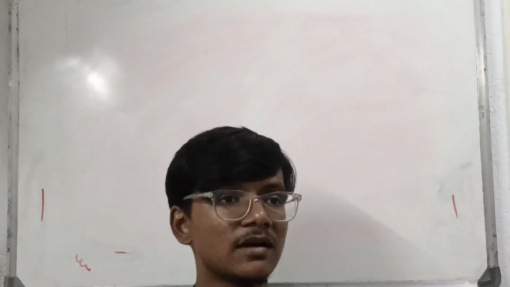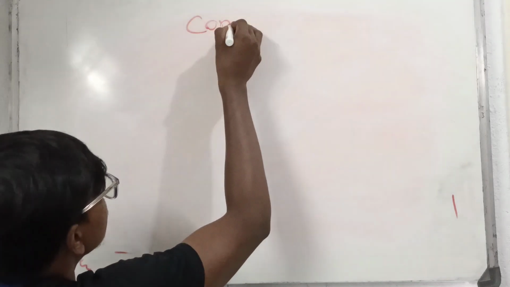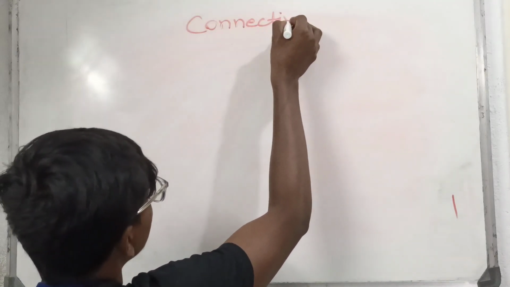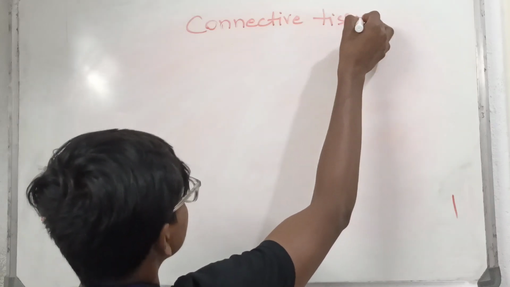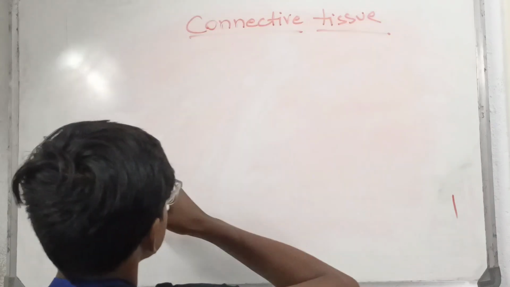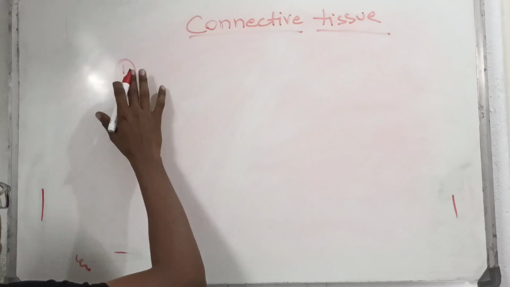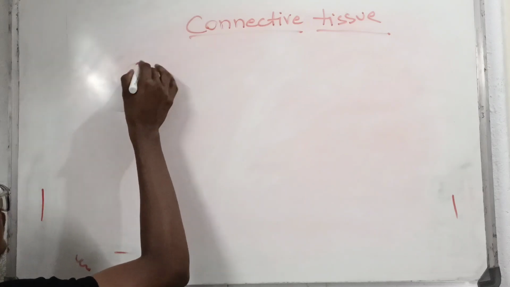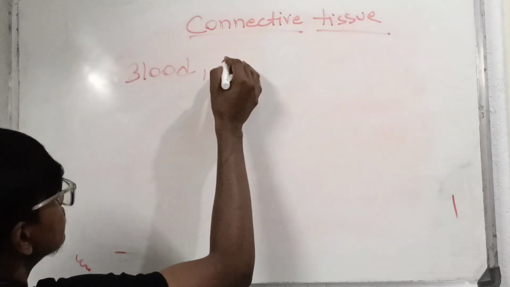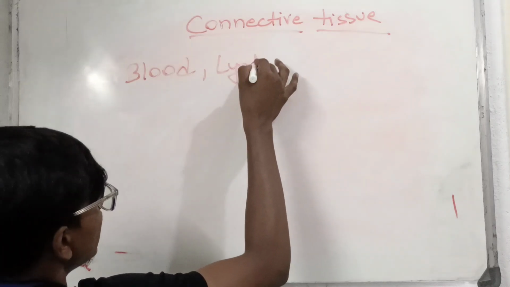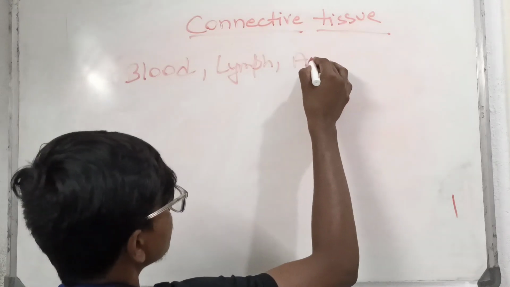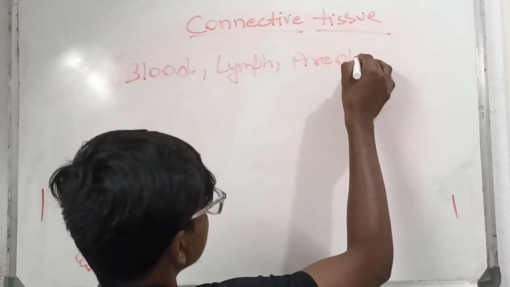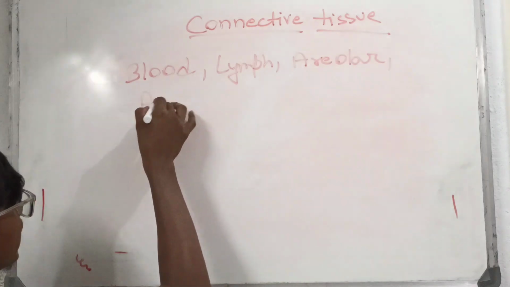Many other examples are there for this connective tissue. Examples are: blood, lymph, areolar, adipose.